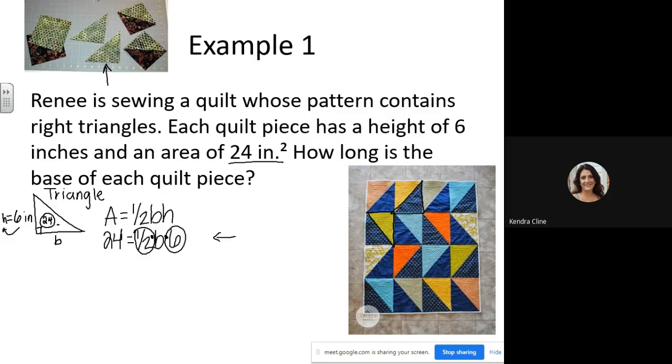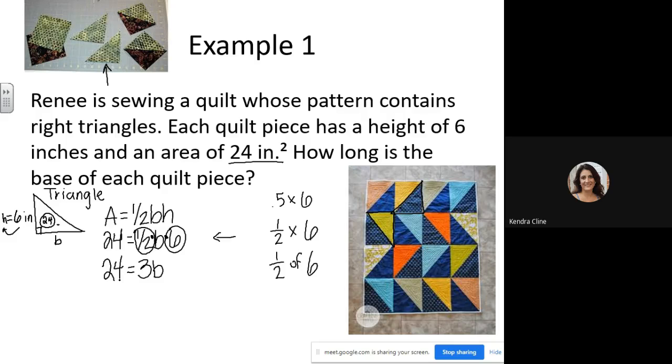So in your calculator, you could do 0.5 times 6, or just remember that 1/2 times 6 is like saying half of 6. And what's half of 6? 3. Now I still have B there, so I'm going to bring B down. I'm going to bring down my equal sign and 24.